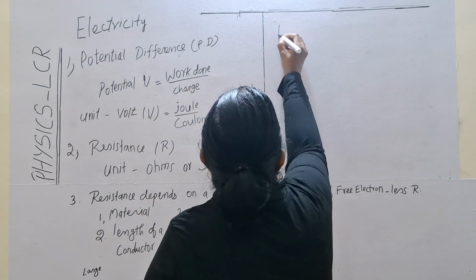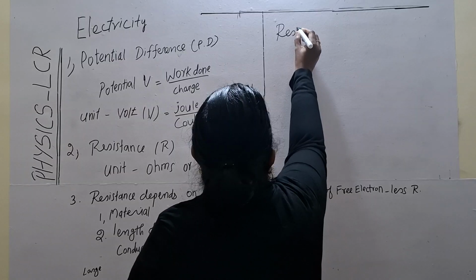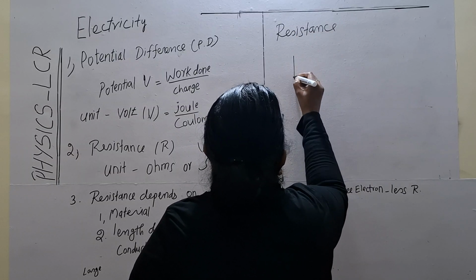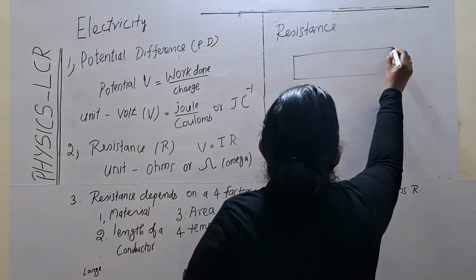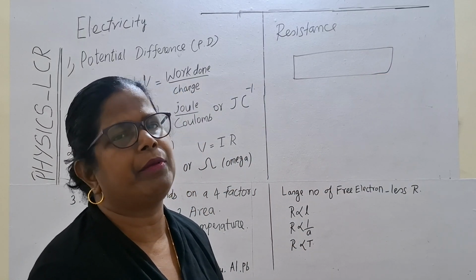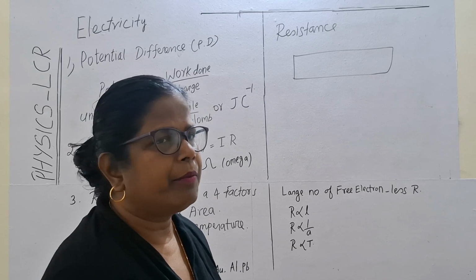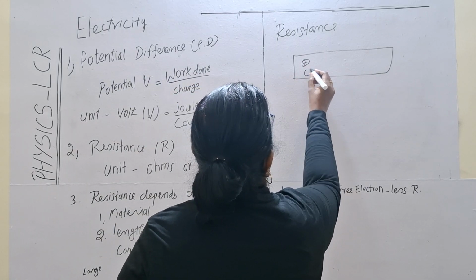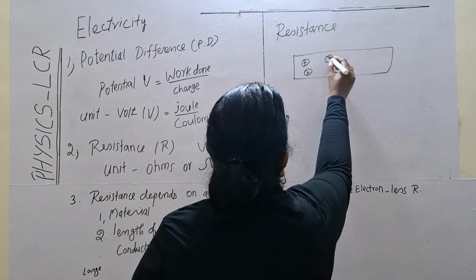What is resistance? Suppose we are taking metals having free electrons; different materials have a different number of free electrons. P is a proton.